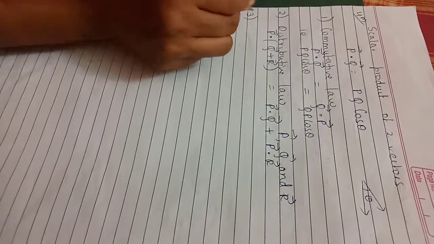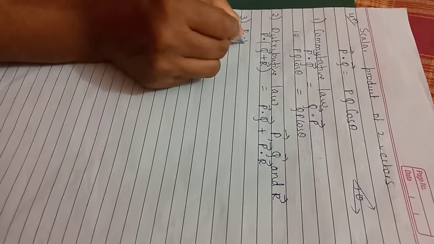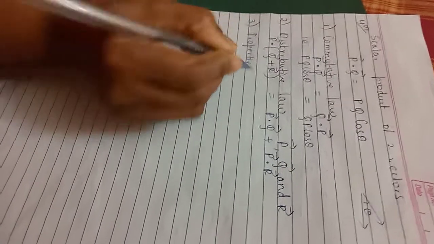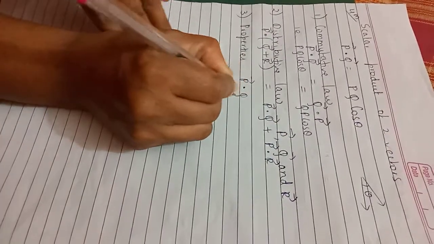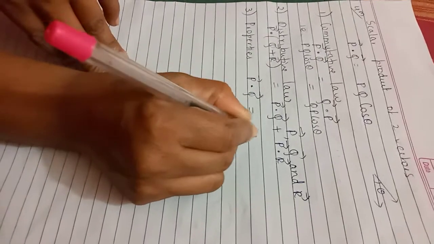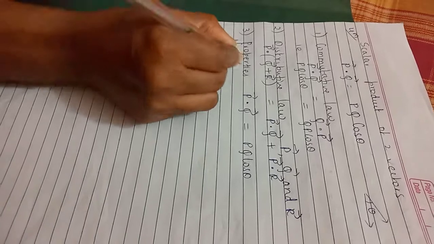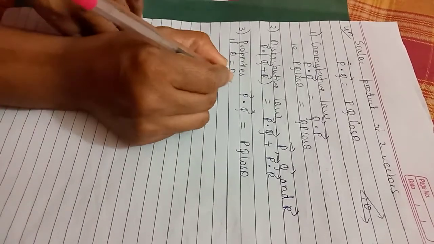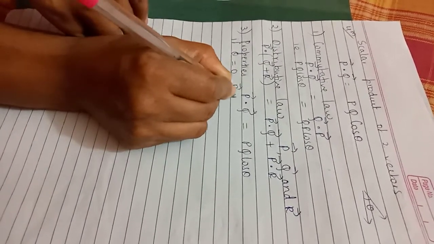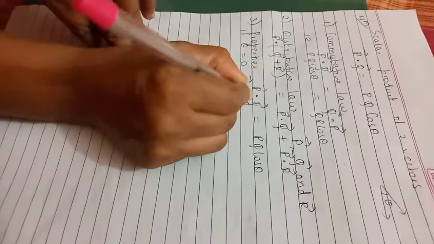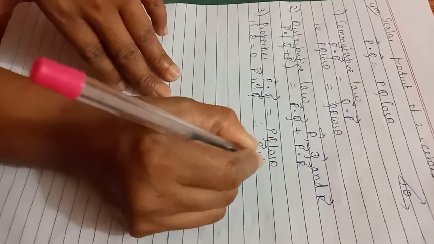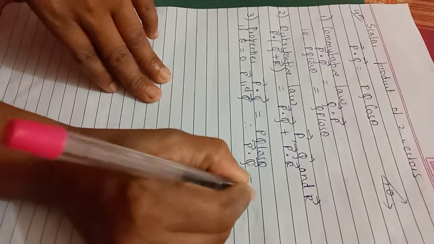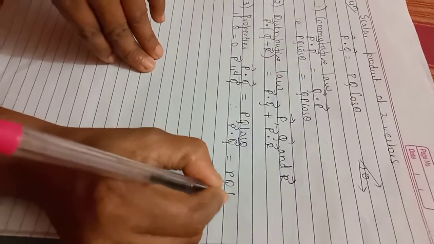Now some properties. Very important part. We have P dot Q is equal to PQ cos theta. If theta is 0, means if the vectors are parallel to each other, then P dot Q is equal to PQ cos 0.